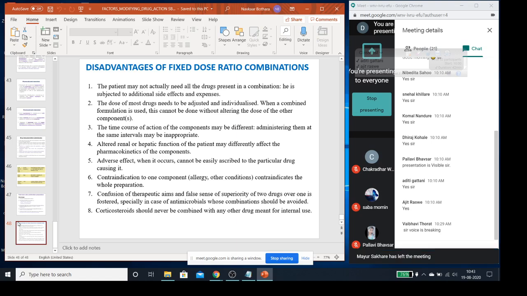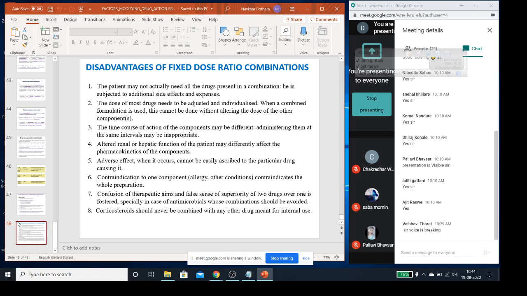Because many drugs are added into it, we know that the more drugs there are, the more the chances of side effects of each and every drug. So the patient may not actually need all the drugs present in the combination, and therefore is subjected to additional side effects and expenses, because if drugs are added, then definitely their cost is added.